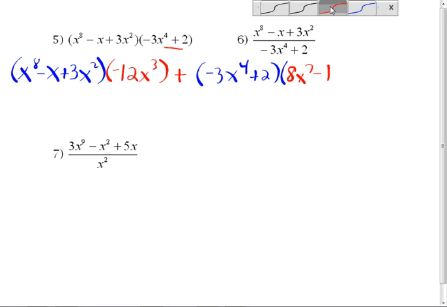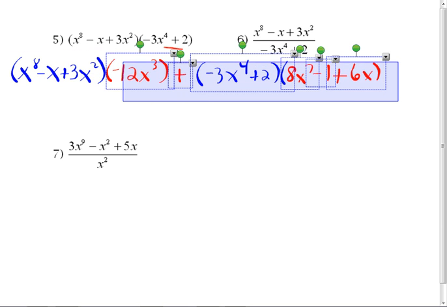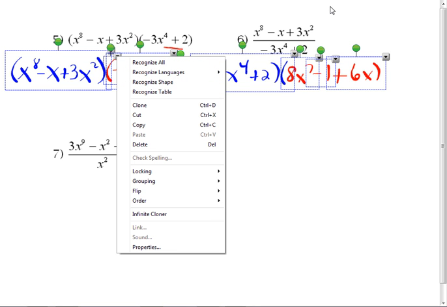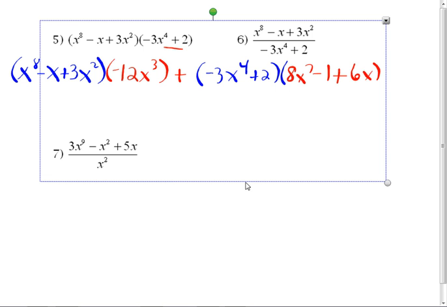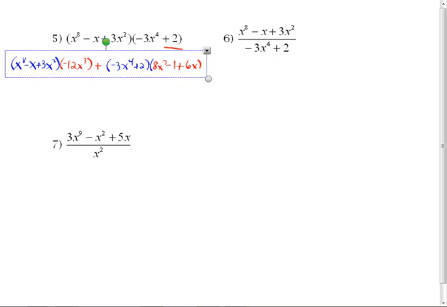Plus, and the derivative of that is 6x. There, now I got it to fit.